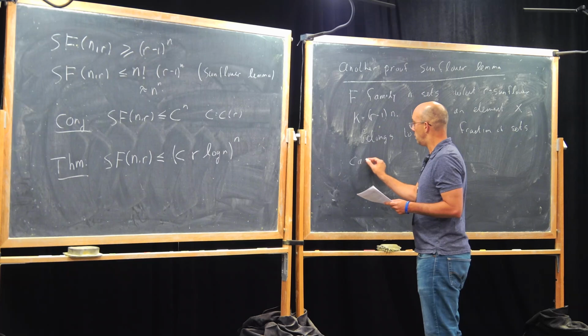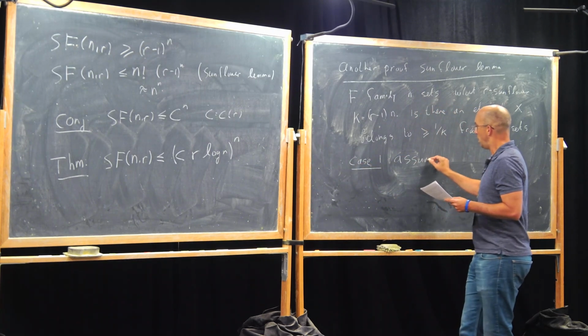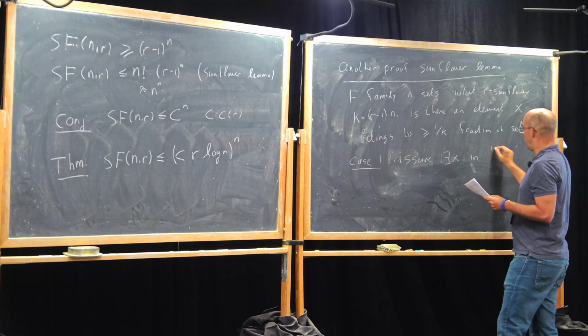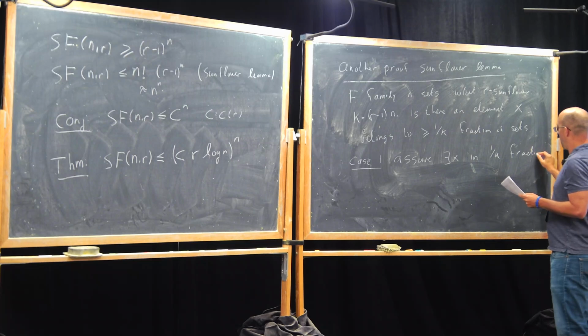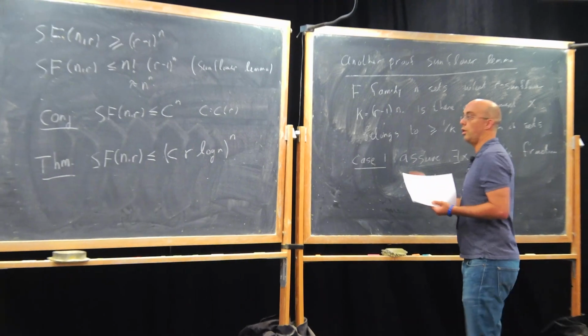So case 1. So assume there exists some element x that is in 1 over k fraction of sets. Okay, I'm going to continue over there.